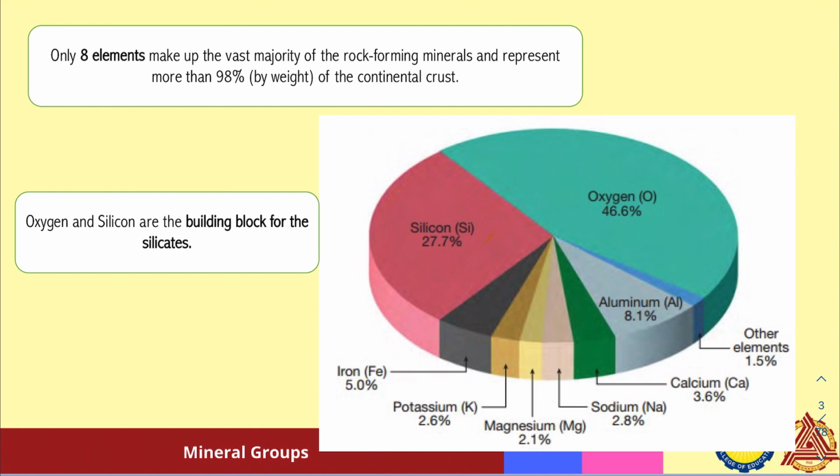If you open VESTA and look into the elements, you will see that these are the key players. So oxygen and silicon, as I said earlier, are basically the building blocks of your silicates. Whenever we talk about silicates, it is automatically silicon and oxygen.